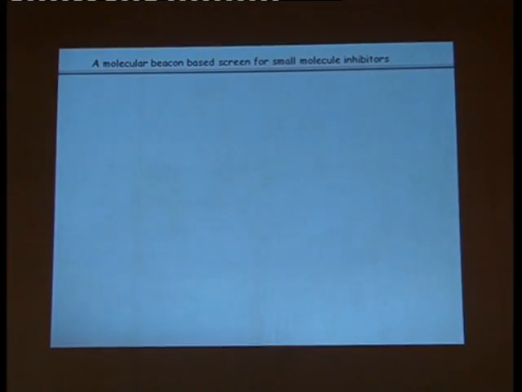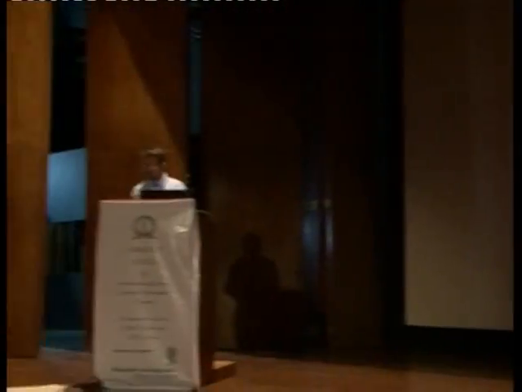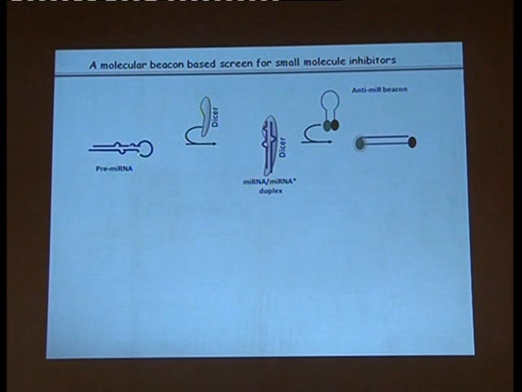So during all this process, what we realized is that molecules are synthesized by chemists. In a test tube they will cleave. If you have microRNA with your molecular beacon, it will bind, open up, and you will see the fluorescence increment. Any molecule which is interfering will lead to no fluorescence change.